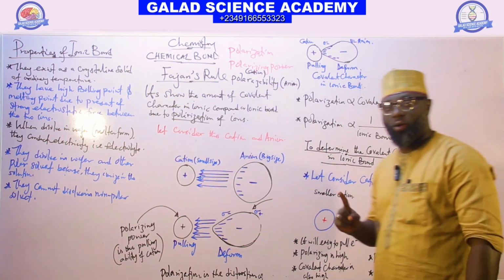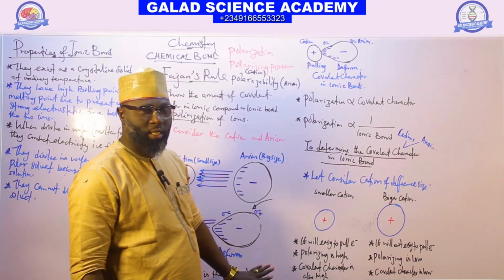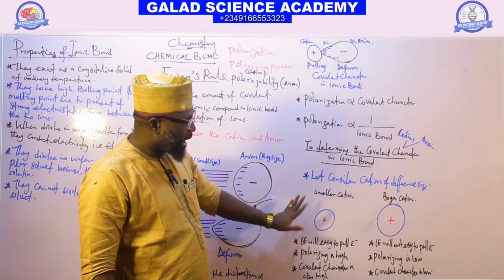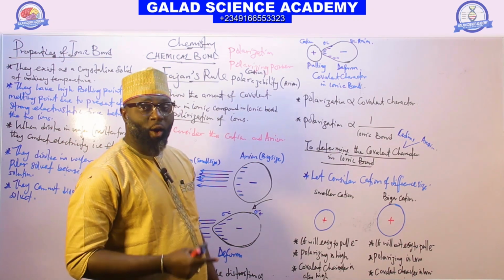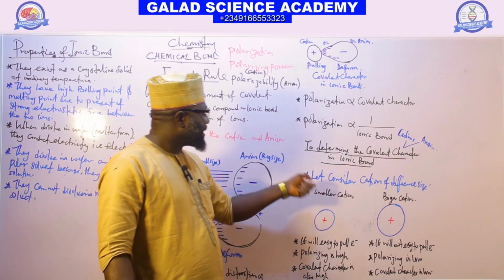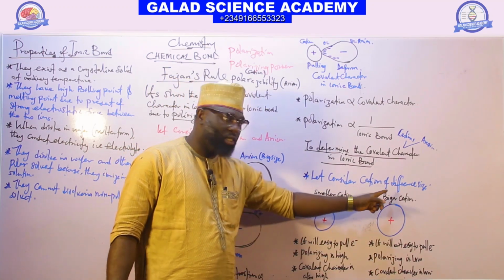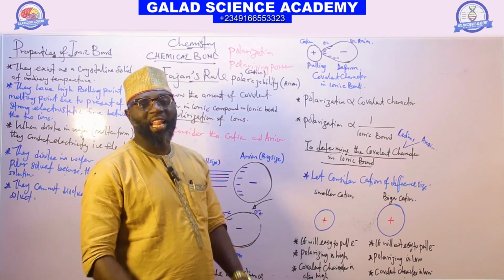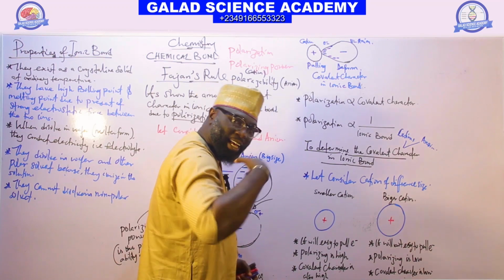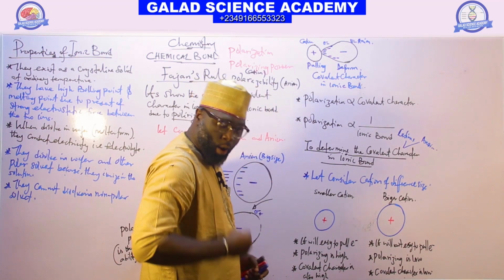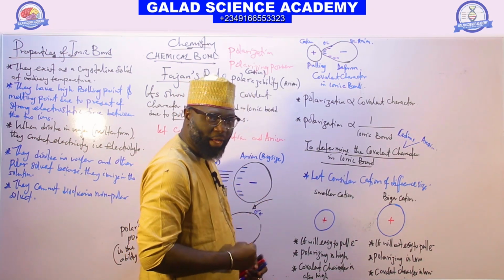The first thing now to determine the covalent character in ionic bond, the first thing that we consider under cation is the size of cation. A cation with small size, we experience the higher polarizing power, the pulling power will be high.